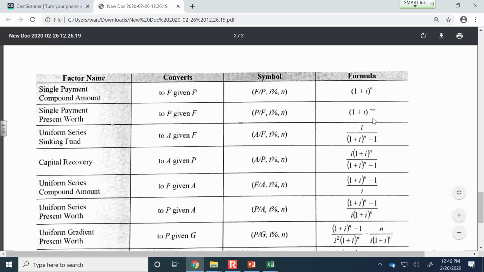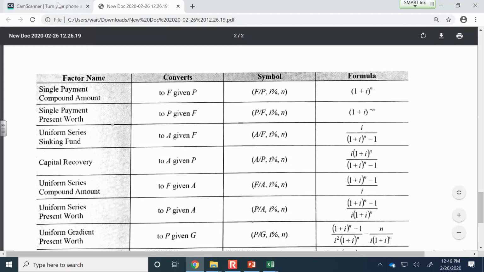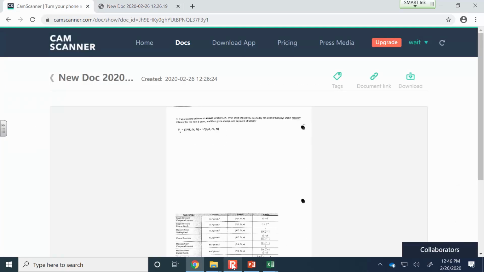So you need to calculate the factor for N equals 60 and I equals 0.01. What is the P/F multiplier, and what is the P/A multiplier? I is 0.01, N is 60. So that's what I did.